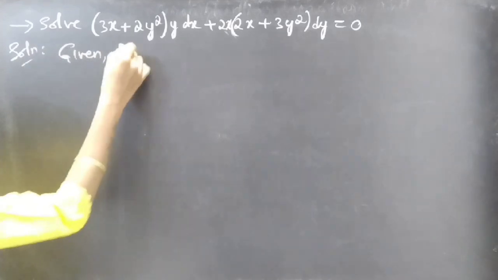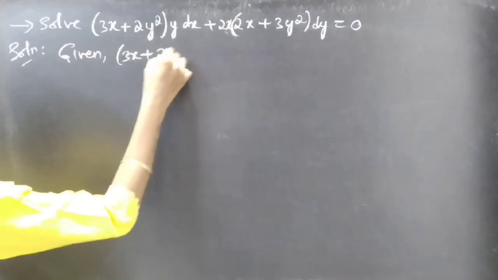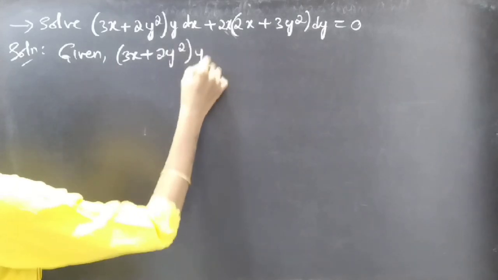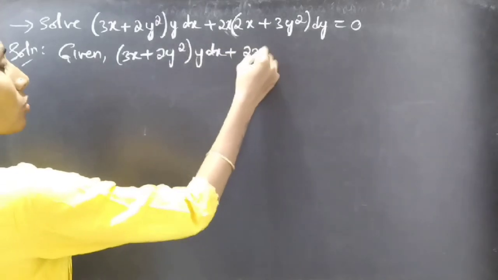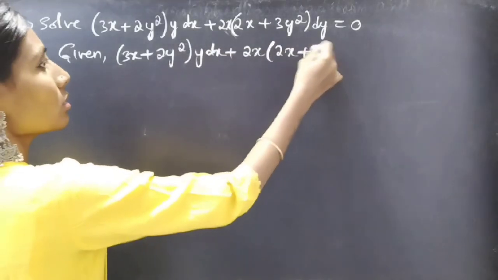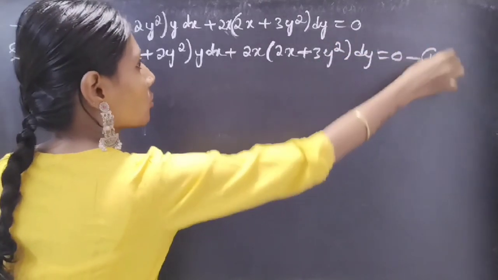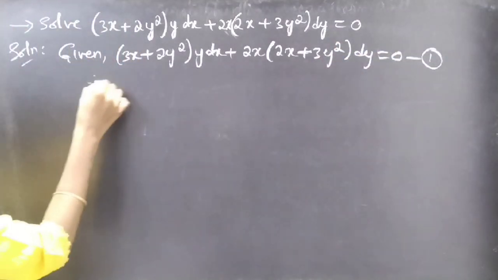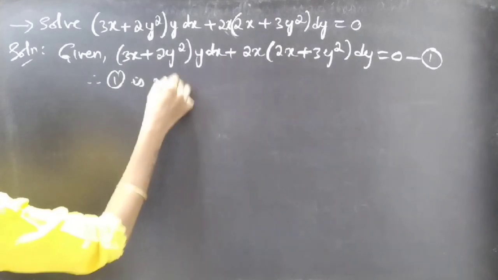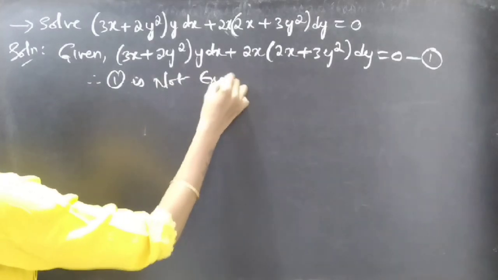Given differential equation (3x plus 2y square) into y dx plus 2x times (2x plus 3y square) into dy equal to 0, considered as equation 1. Therefore equation 1 is not exact, right?